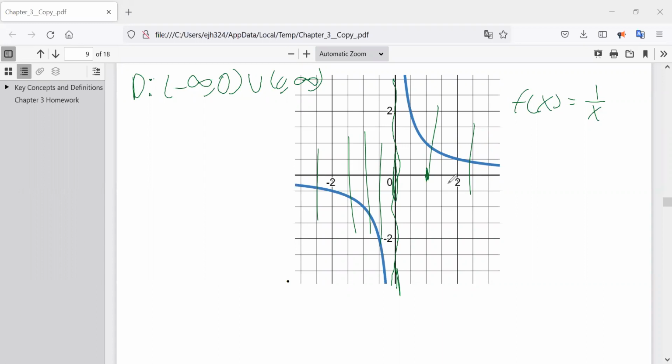So we can plug in any number other than 0, and we'll get a valid answer. But if we plug in 0, then we're dividing by 0 and that breaks, so we can't put that in. Does that make sense? I think so. Cool. So what's the range for this? The same as the domain. Yes, it is. Exactly.